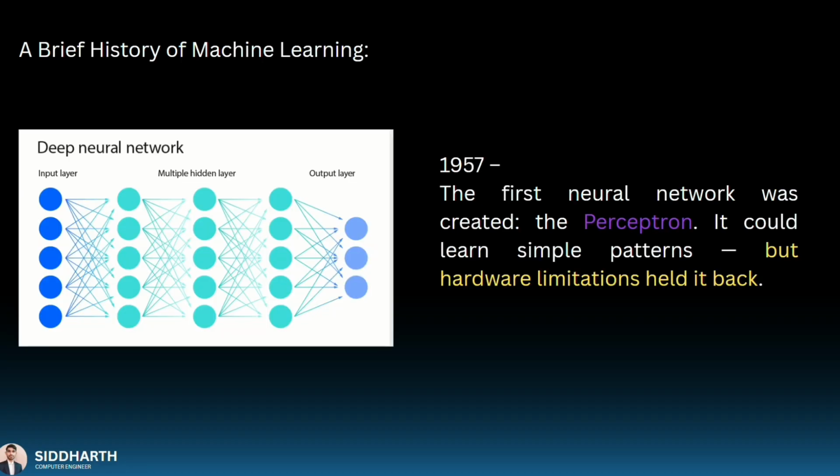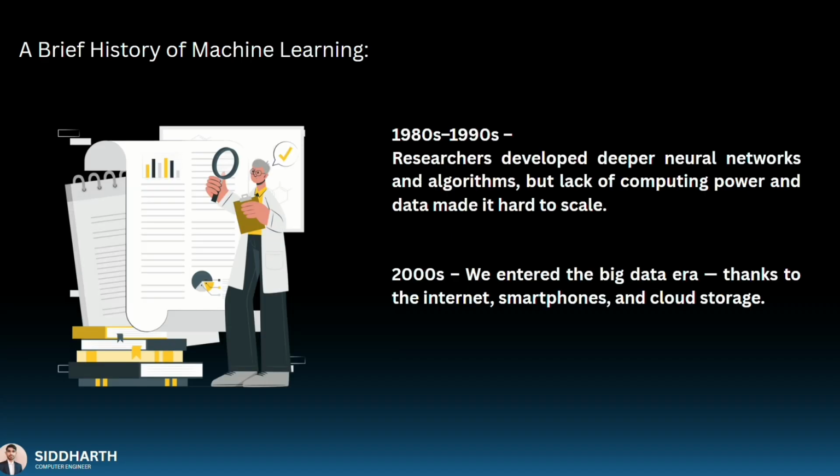In 1957, the first neural network was created, the perceptron. It could learn simple patterns, but hardware limitations held it back. In the 1980s to 1990s, researchers developed deeper neural networks and algorithms, but lack of computing power and data made it hard to scale.